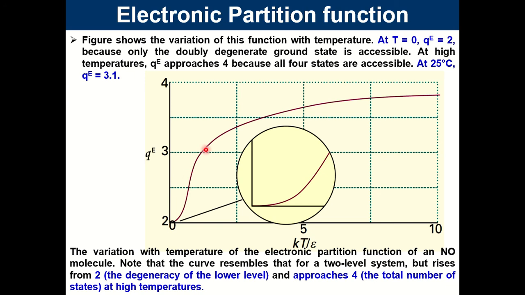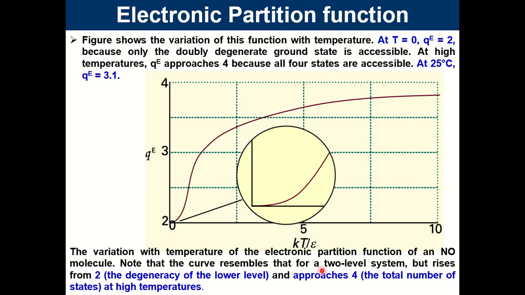As you increase the temperature, it gradually increases. At high temperatures, when you reach room temperature, the first excited state is also populated. So the partition function is now 4. All 4 states are accessible. This is the variation that we have.